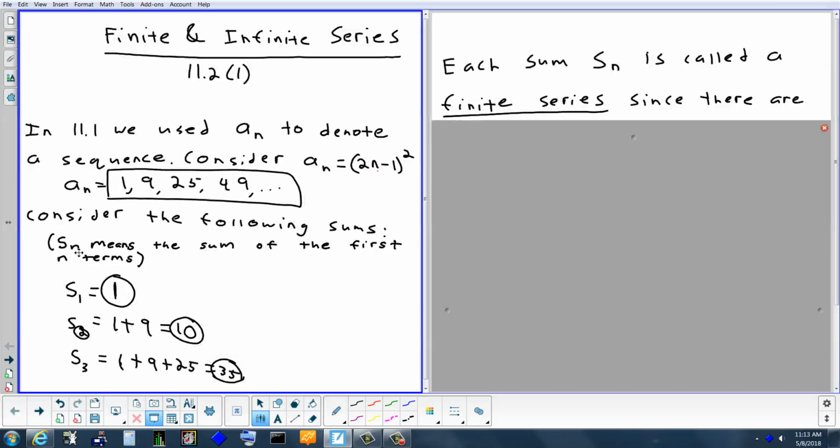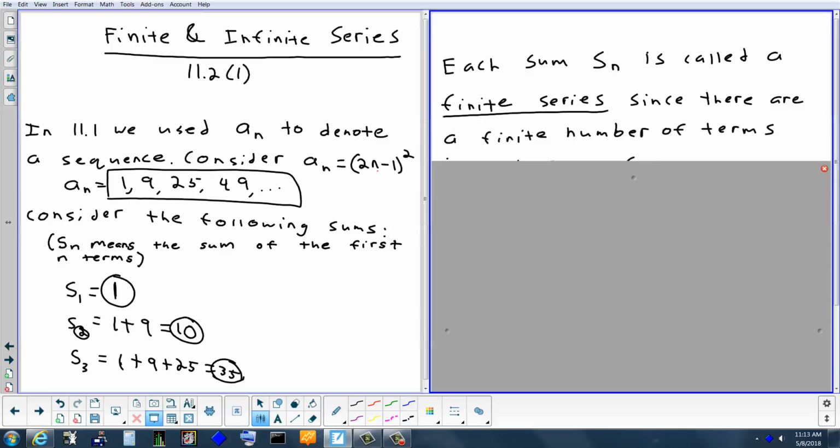Even if I did S sub a million, that's still finite. It might have a million things added together, but at some point it ends. It ends at the millionth term. So S sub n is called a finite series because you're only adding up a finite, or a certain, amount of numbers.